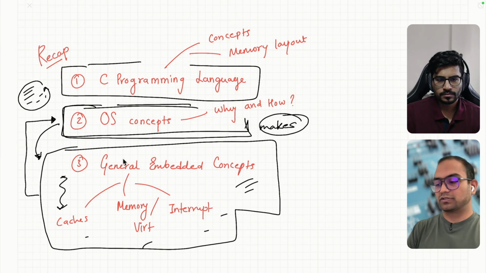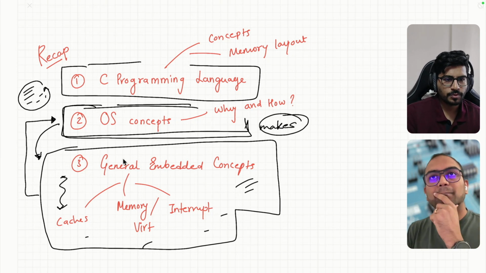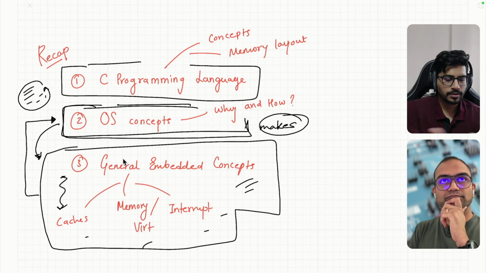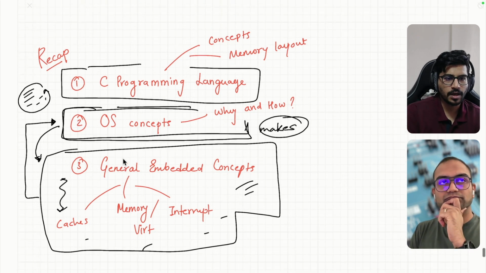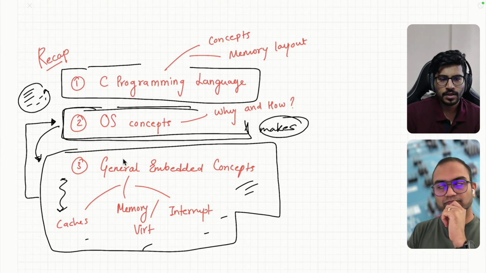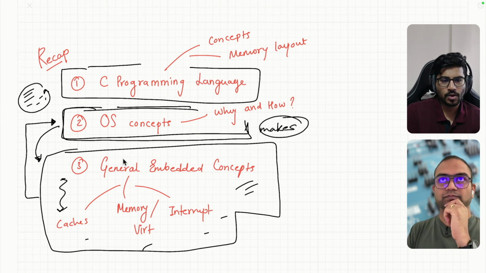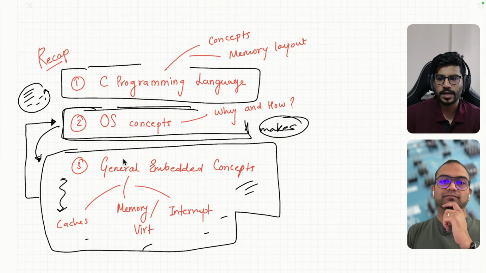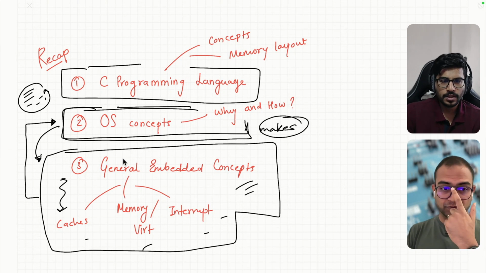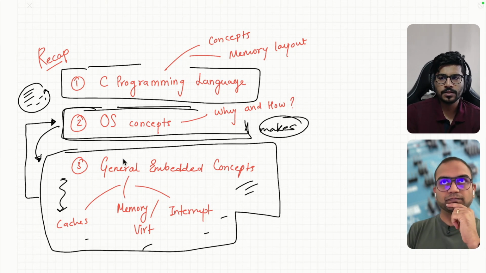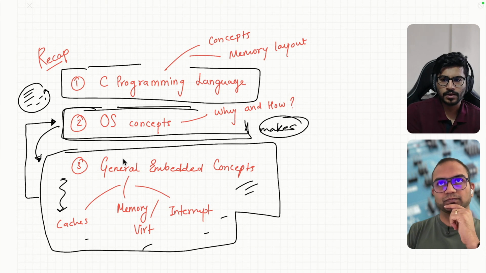Thanks for putting it very nicely, Piyush. While we were starting this series, our natural order was 1, 2, and 3. We wanted OS concepts to be taken first, but when we sat down and planned the content, we thought it makes sense to tackle the general embedded concepts first, because whatever we discuss here will naturally make sense when we delve into OS concepts later.